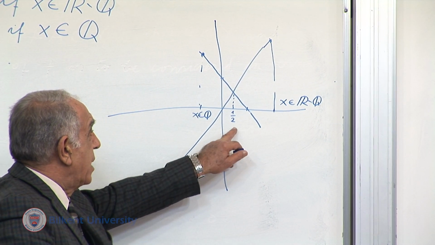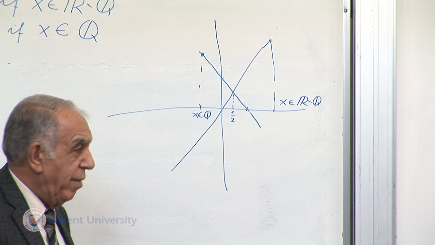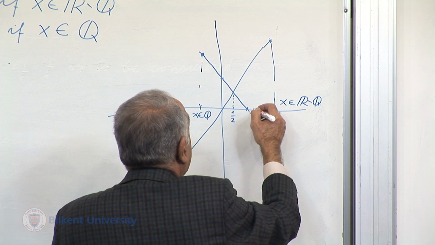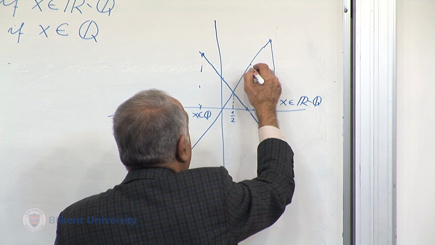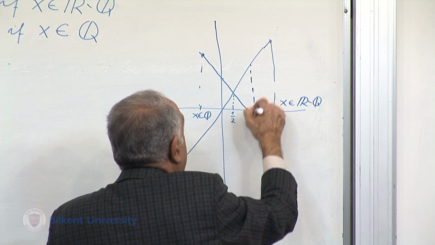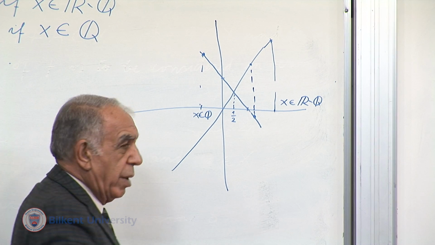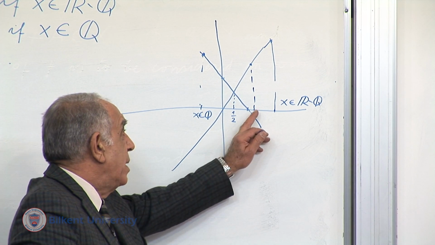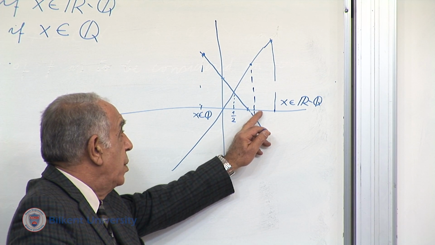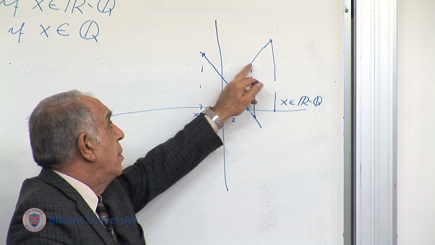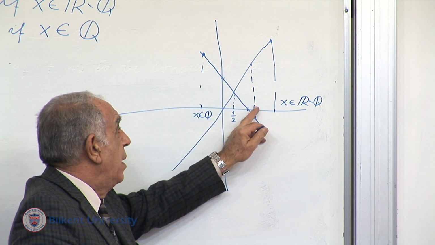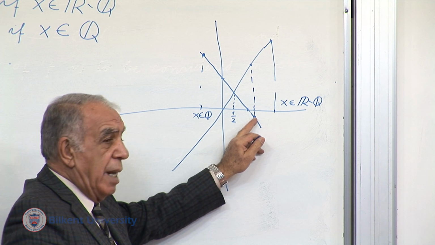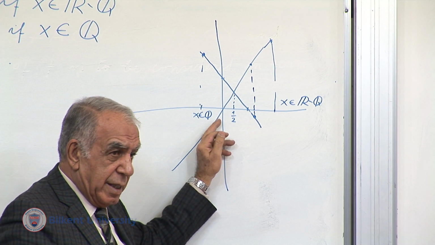So long as x is different than 1/2, there will be a distance between the 2 points. If x is in R minus Q, the functional value will be equal to this. If x is in Q, then the functional value will be this.